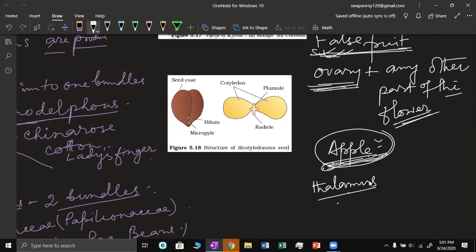So in the apple, the main edible portion is the fleshy thalamus. The actual fruit is not eaten.